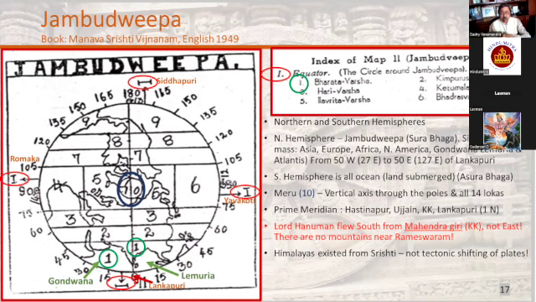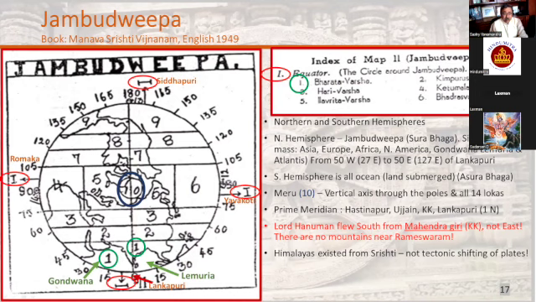The prime meridian in those olden days used to pass through Hastinapur, Ujjain, Kanyakumari, and Lankapuri until the East India Company decided that's got to be British, and they moved it to Greenwich. And so we talk about GMT and Greenwich Mean Time, and all this is a recent appropriation from Hindu philosophy.